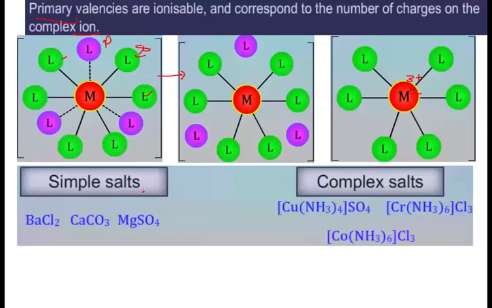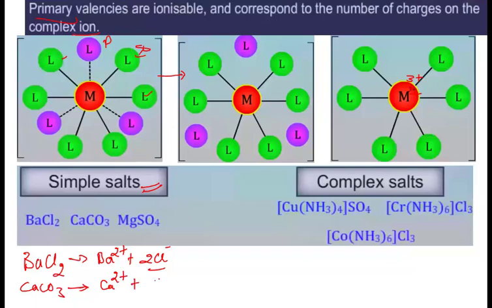For example, in case of simple salts, as you can see, barium chloride. This barium chloride will ionize as Ba2+ plus 2 Cl-. So in this case, Cl- is the ionizable part, right? In the same manner, CaCO3 will ionize as Ca2+ plus carbonate ion, right?